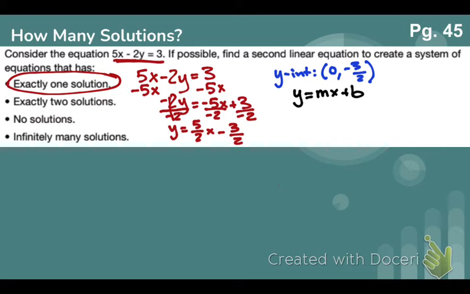We have an x and a y in our point. This is our x and this is our y. Do we have an x and y in our equation? y equals mx plus b? Yeah, this is a y and this is an x.